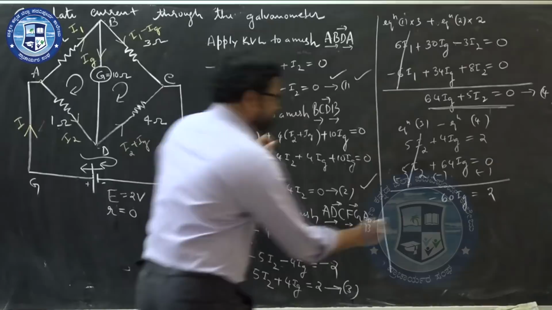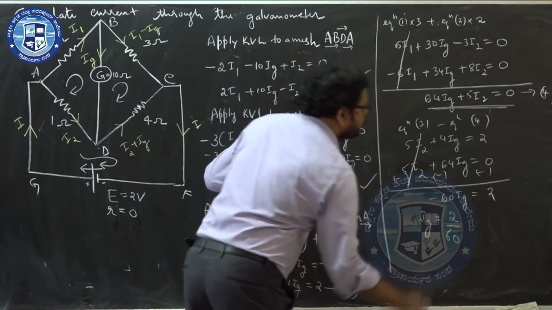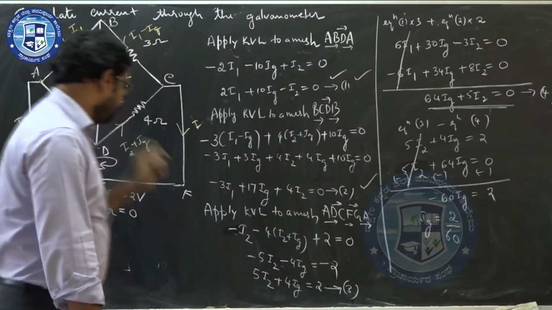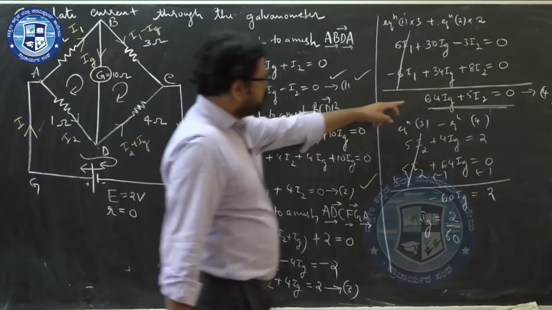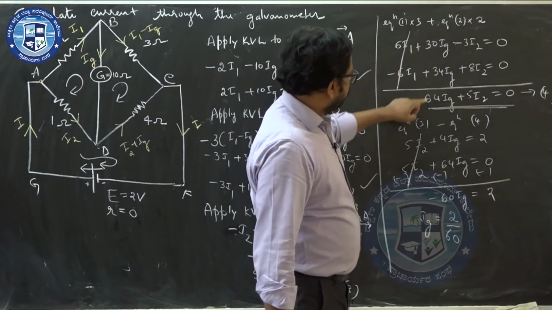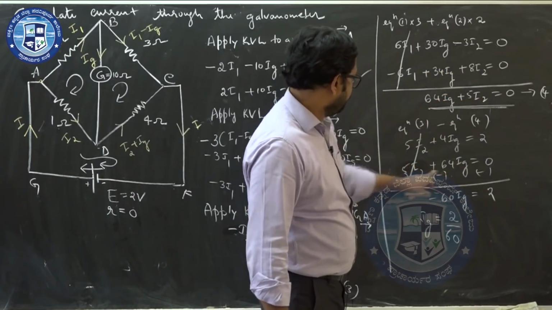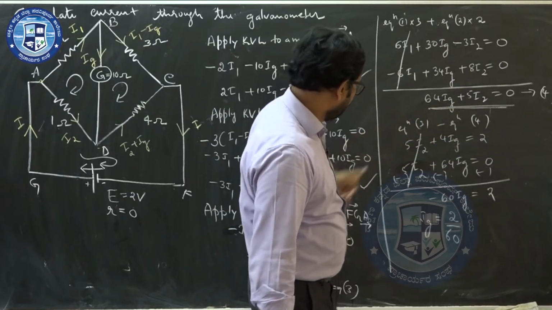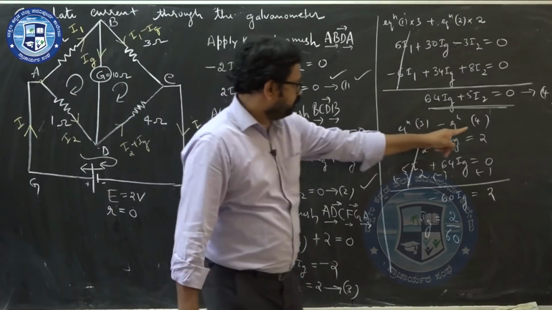It is minus 60 Ig is equal to 2. So, what is Ig then? Ig will be equal to 2 by 60, right? Equation 3 minus equation 4. Equation 3 is 5I2 plus 4Ig is equal to 2.